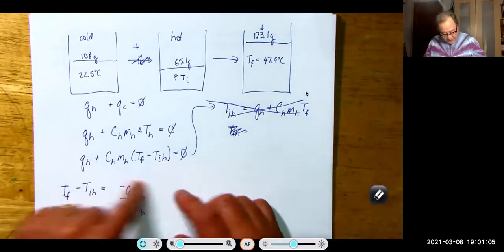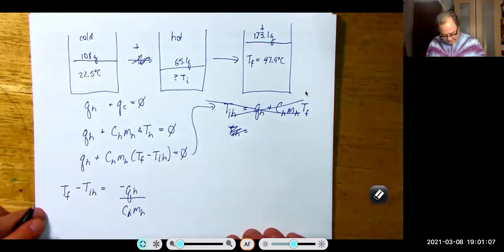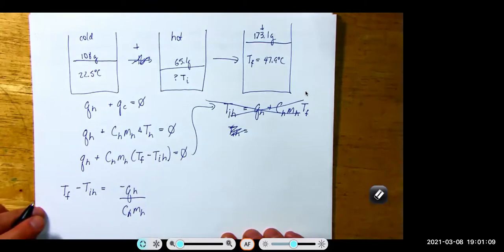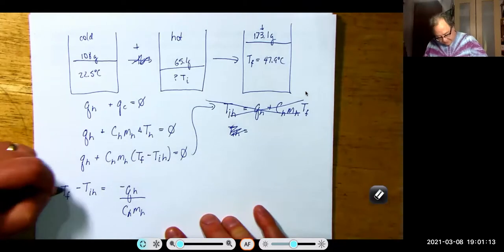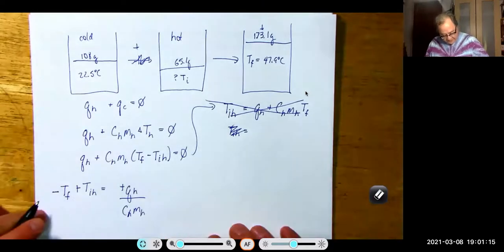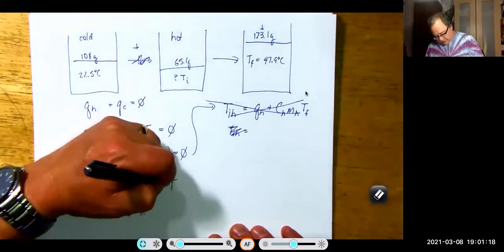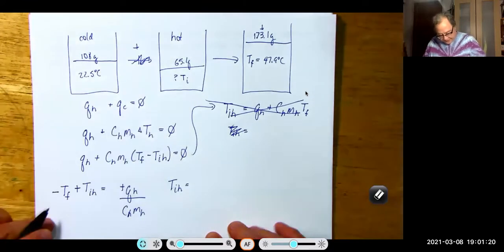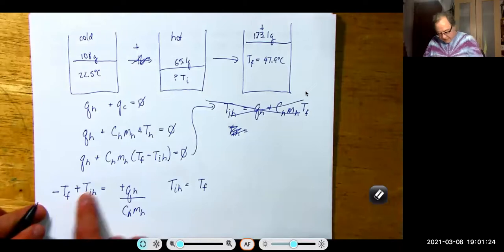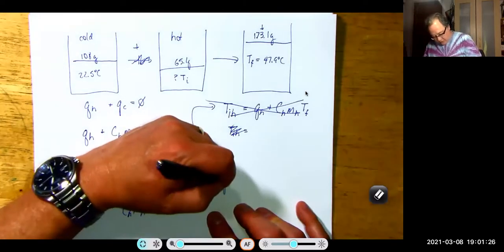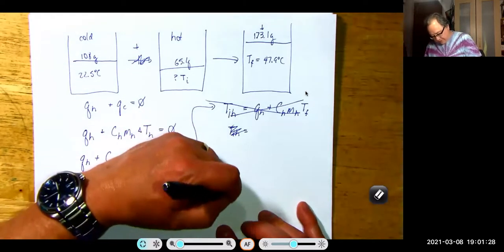Take this over and then divide by that. Does that look good? Yep. And then we'll do a negative, positive, positive on everything. And then we get T initial of the hot is T final plus Q of the hot over C of the hot, mass of the hot.